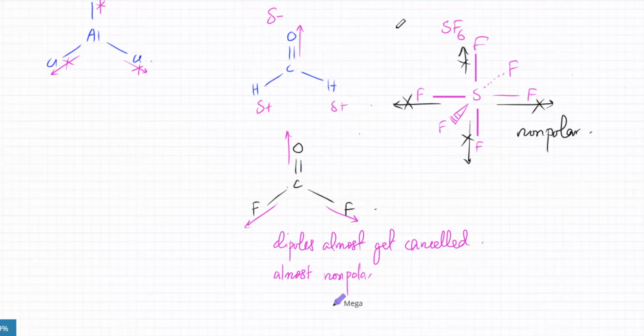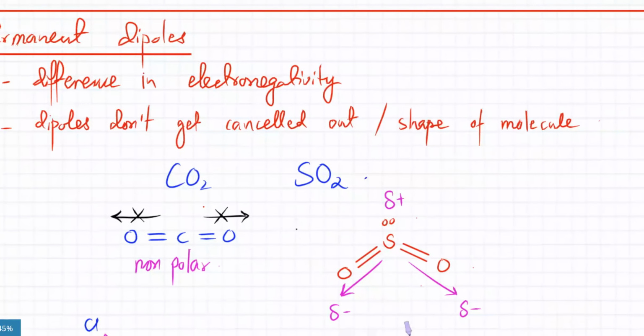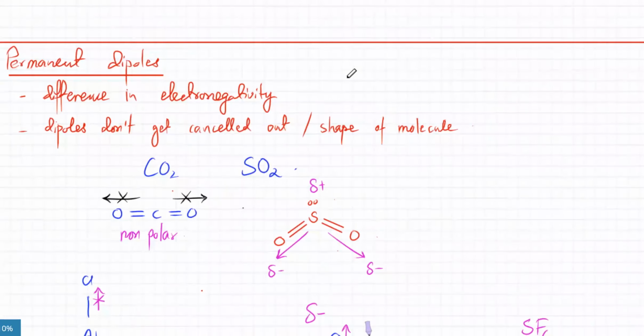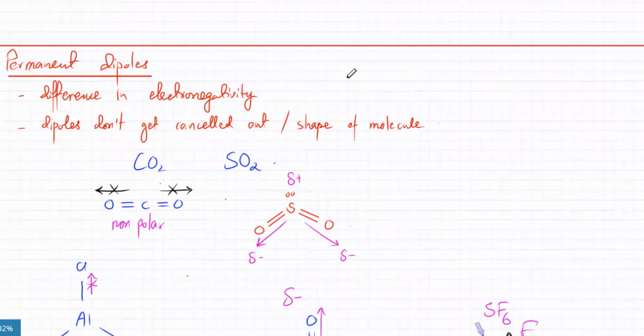So you have to account for that. So we can say that when we talk about difference in electronegativity, we can add to it that if there is more difference, a bigger dipole is produced.